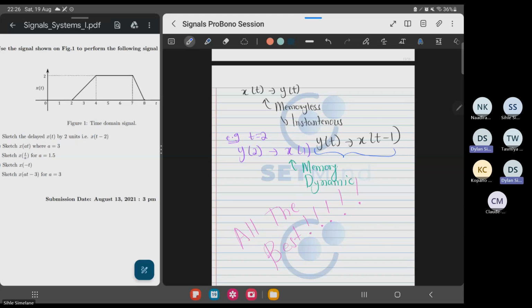So therefore, my output depends on a past input value, the previous input.